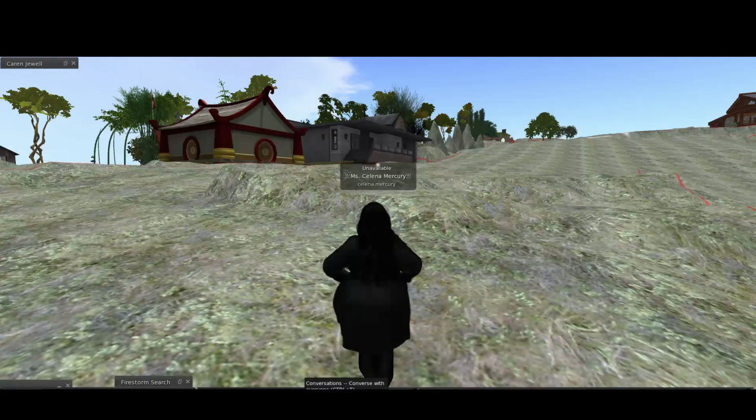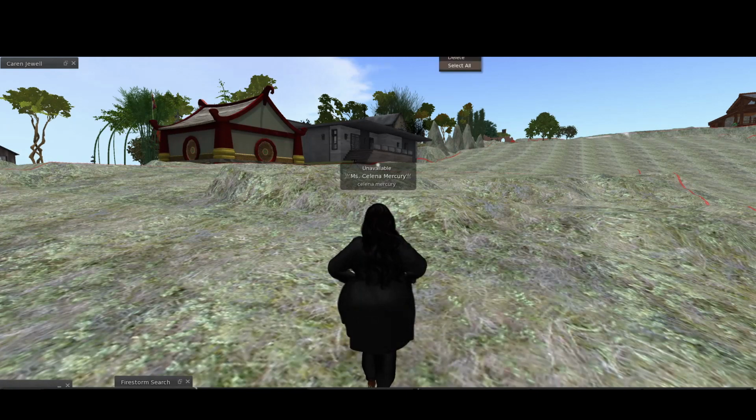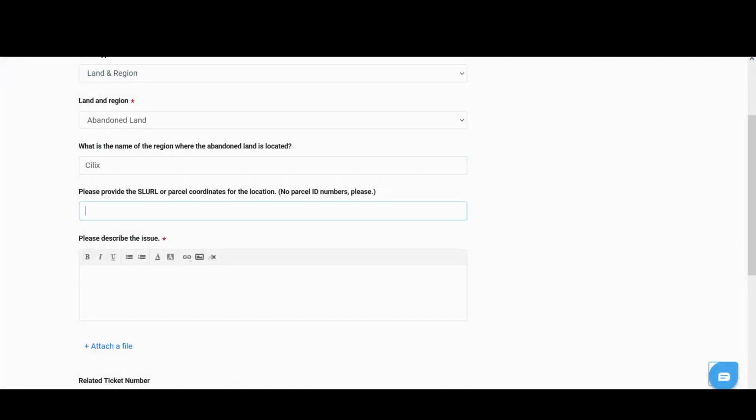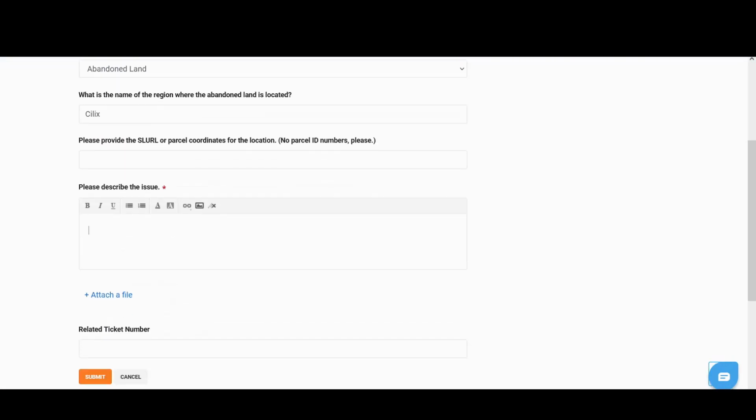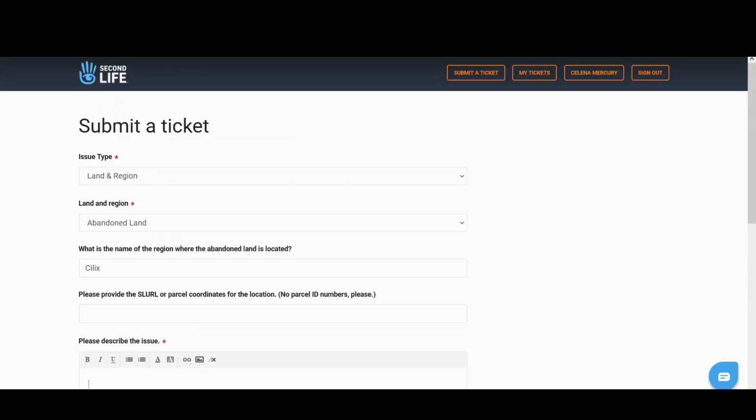And then I would grab the slurl by clicking and then copying, and pasting that right here. And down here you would just say, I would like to buy X amount of square meters at this slurl, and that's it. You submit your ticket.